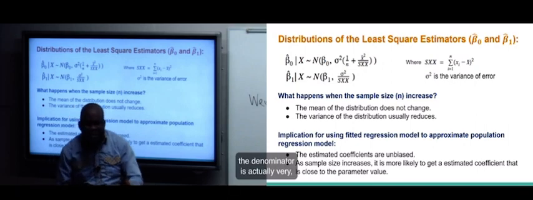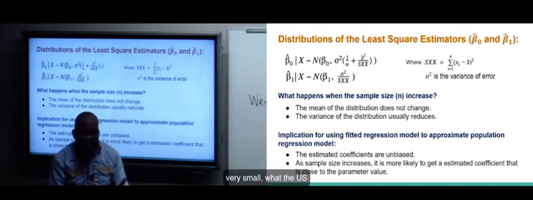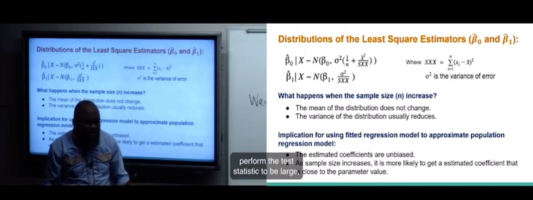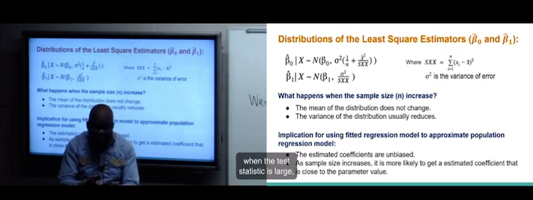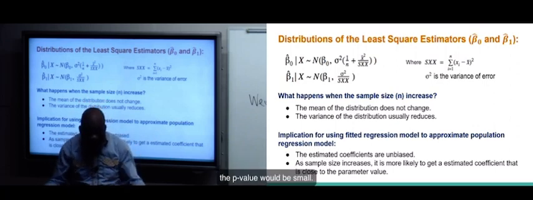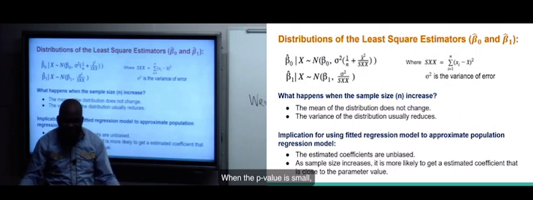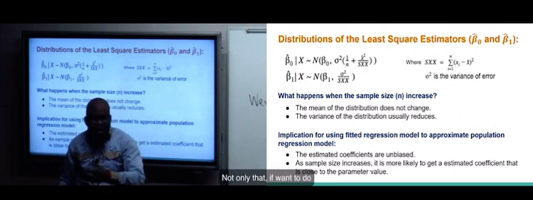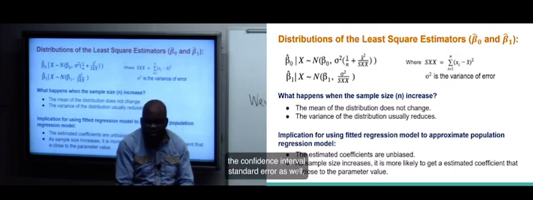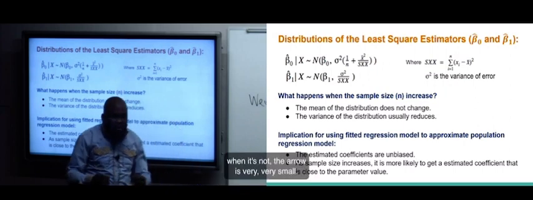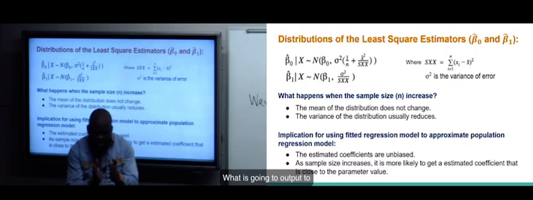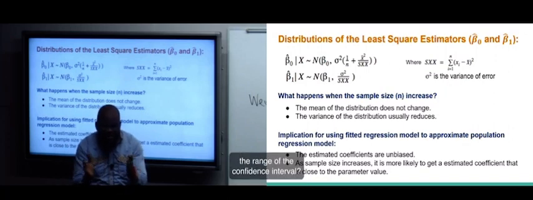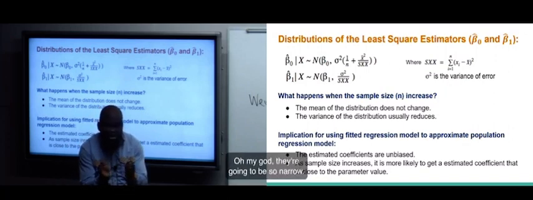When the denominator is very, very small, what do you expect from the test statistic? To be large. When the test statistic is large, the p-value will be small. When the p-value is small, what is going to happen to the predictor? It will be significant. And not only that, if you want the confidence interval, you need the standard error as well. When the standard error is very, very small, what is going to happen to the range of the confidence interval? Oh my God, they're going to be so narrow.